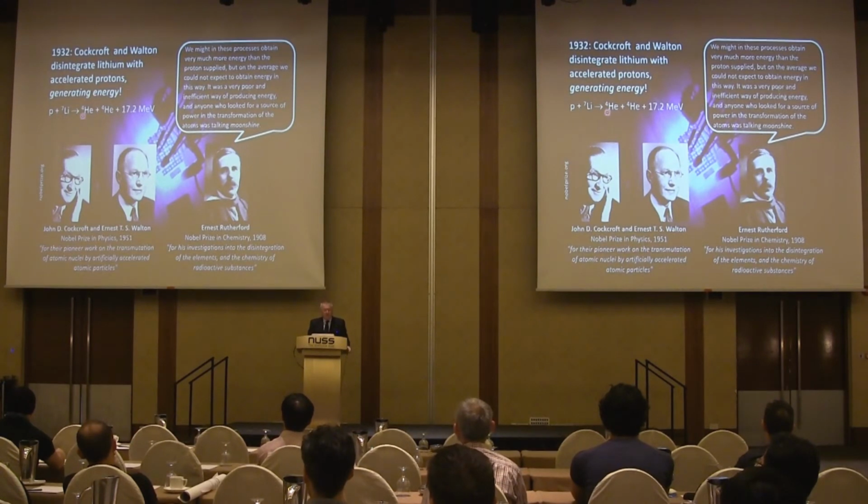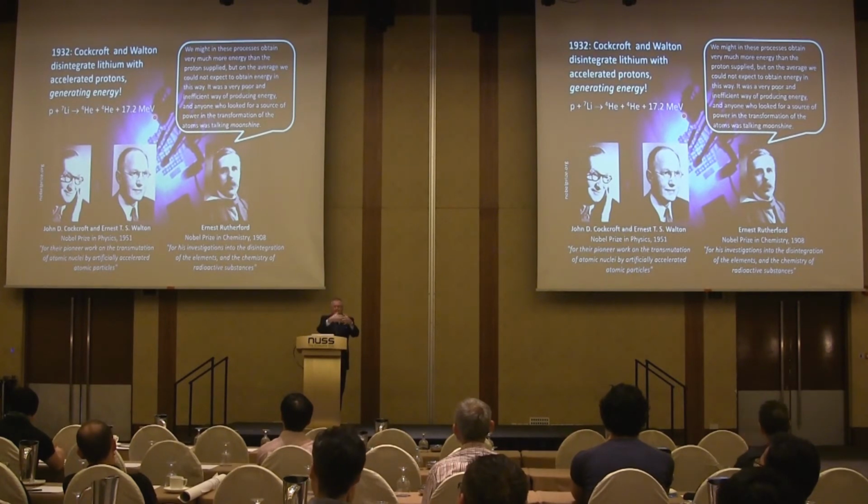And they found that when they accelerated a proton and collided it with lithium, it produced 2 helium nuclei, or alpha particles, with an excess energy of 17 million electron volts. So in other words, they put in something with an energy of a fraction of 1 million electron volts and got 17 million electron volts out. It was astonishing. It's an incredible source of energy.